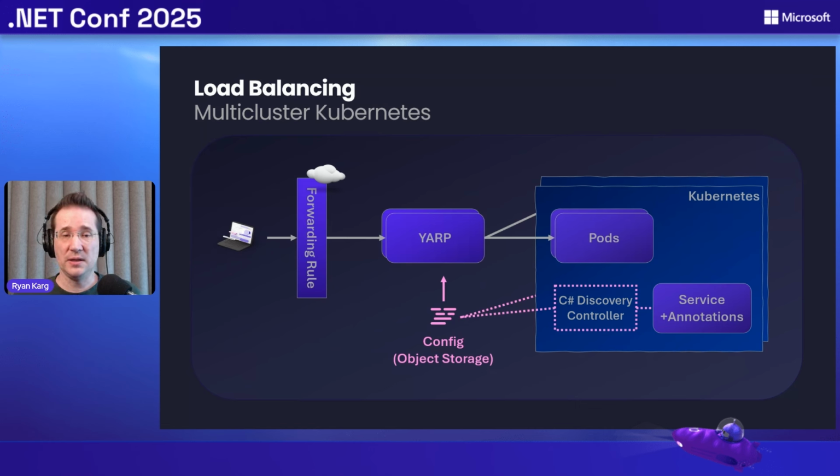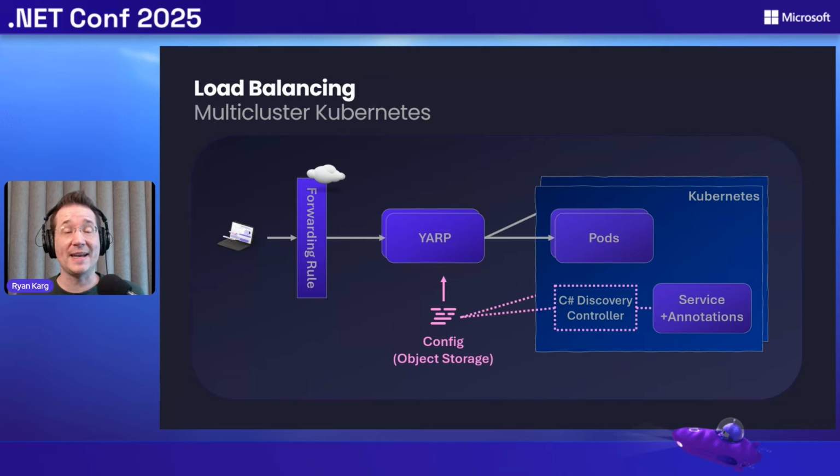And we haven't got time to look at the C# discovery controller, but if you are interested, the Yarp repository does have an implementation of a Kubernetes controller that provides ingress, and you can see what resources need to get watched, and how to use the .NET Kubernetes API client in order to watch those resources.